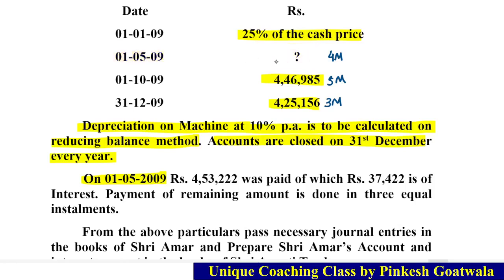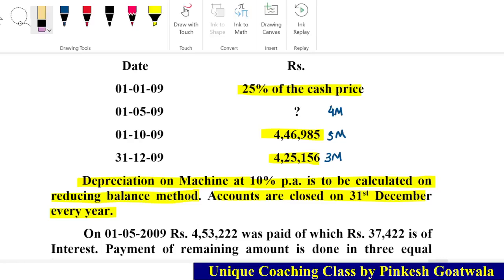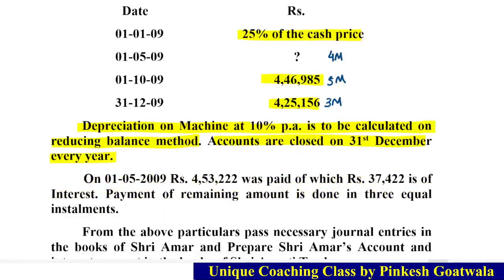So here the point is how they give the amount of installment. Look at here. Normally we pay installment; which amount does any person pay who buys the asset? The installment he pays. Look at here, on 1/5/2009, 4,53,222 was paid.